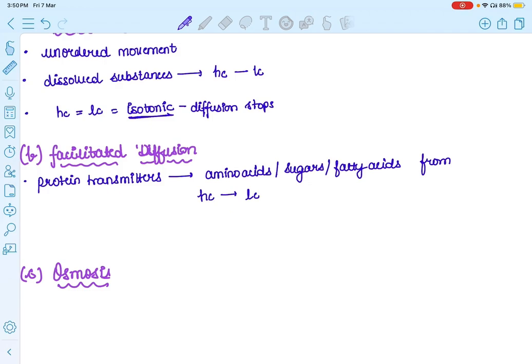That is, those associated with protein transmission or related to protein. And when the isotonic concentration is observed, the diffusion stops.